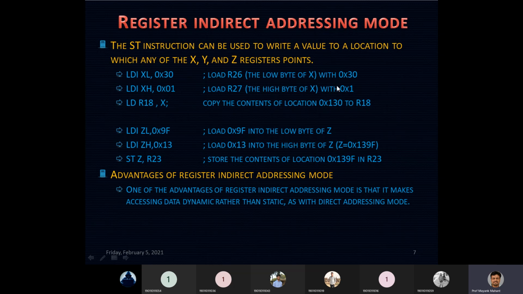That will form the address 0130. The combination of XH and XL makes one address. Then I can use LD R18, X, which will copy the content of location 0x130 to your R18 register.